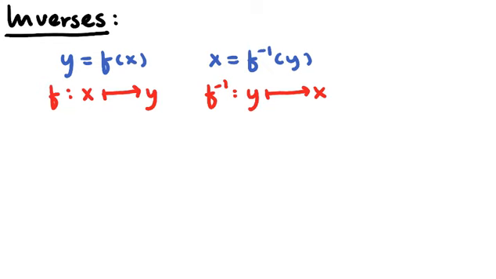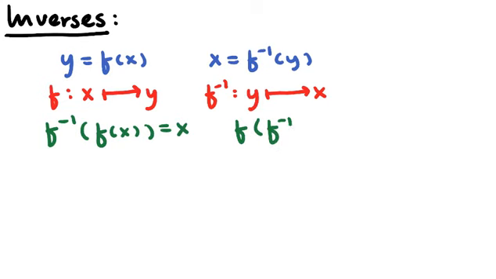One definite key characteristic of an inverse function is that f inverse of f of x is equal to x. And f of f inverse of y would be y. So they just undo each other. And nothing has really happened when you do something and then you do its inverse.